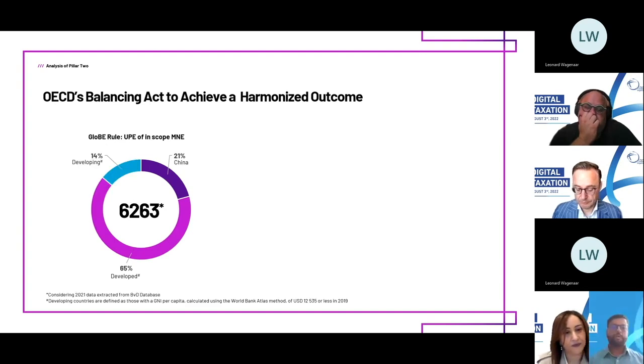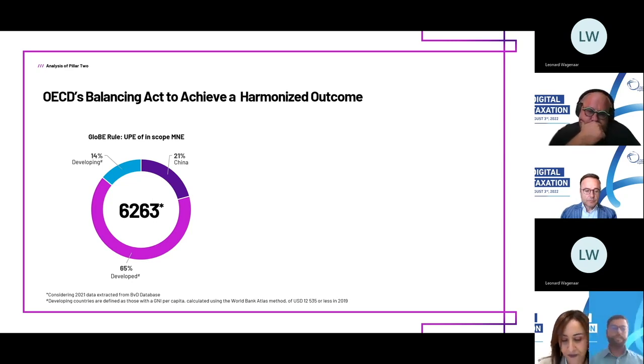There are around 6,263 multinational groups that could be covered under the scope of GloBE. This data is extracted from the database by applying a 750 million threshold. Now, what I did, I've split these 6,263 multinationals and bucketed them under three baskets.